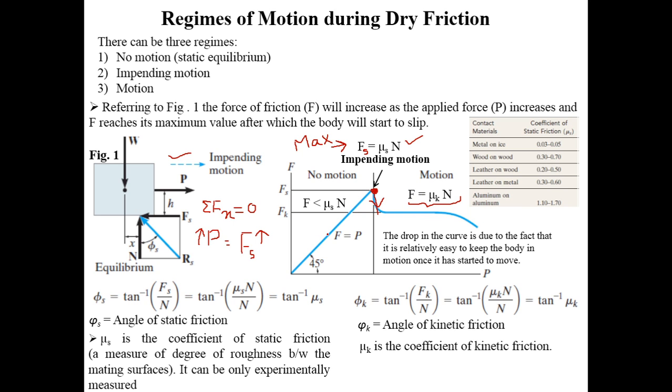So from this graph we understand that below this point, this red point, which was the critical point, the maximum point of friction force, your body remains in equilibrium. So this is the equilibrium region, static equilibrium.